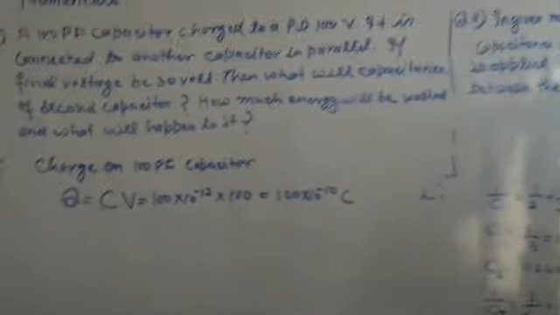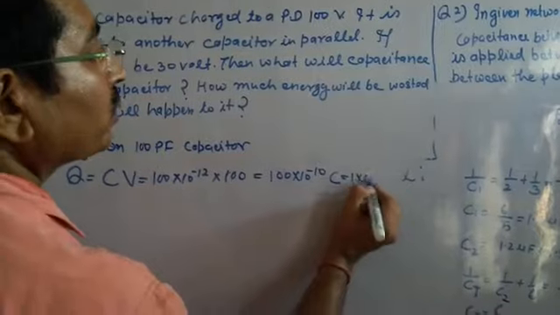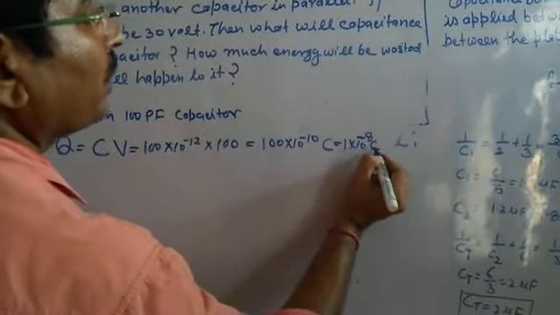Or you can say this is 1 into 10 power minus 8 coulomb.